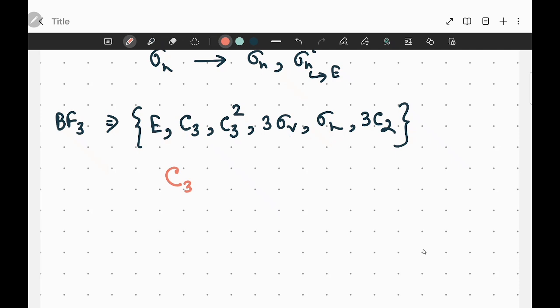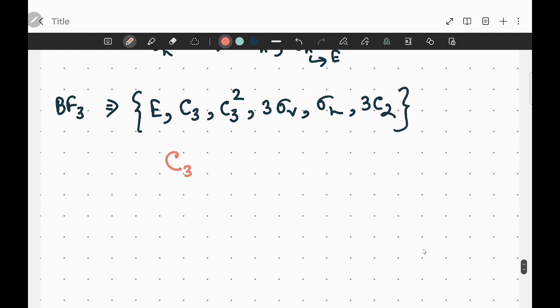H, not V. H should be considered. So here you have to consider sigma H. And here is 3 C2. When both C3 and C2 are present, it means you have another secondary axis of rotation. Instead of C, you have to write D. Okay, so it will be D3H. So D3H is the point group of BF3.